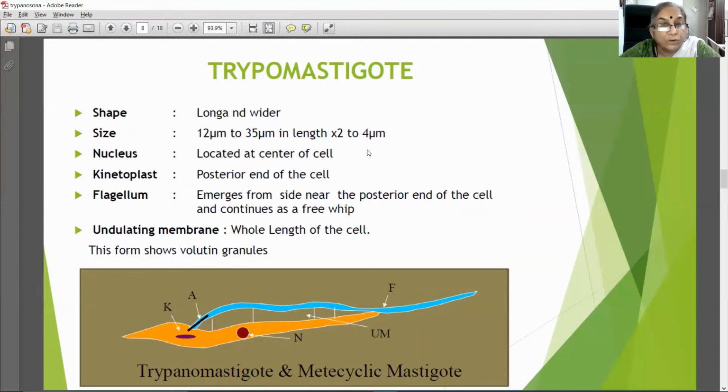There are granules present within the cell, and this is the metacyclic form, also known as the trypomastigote form.